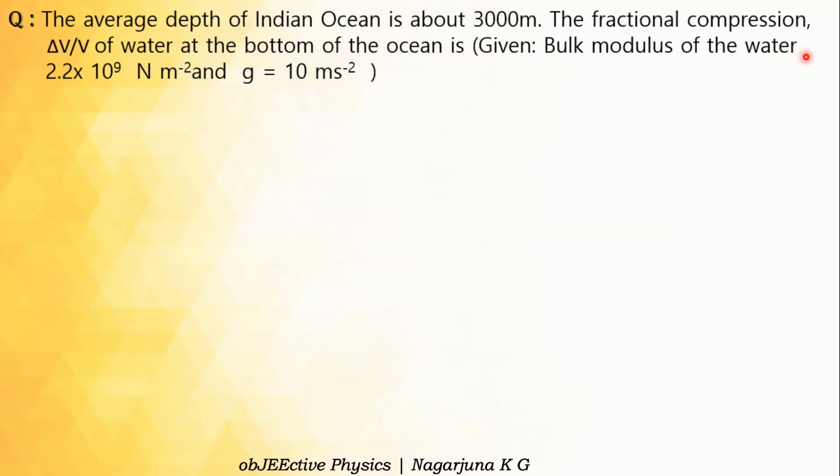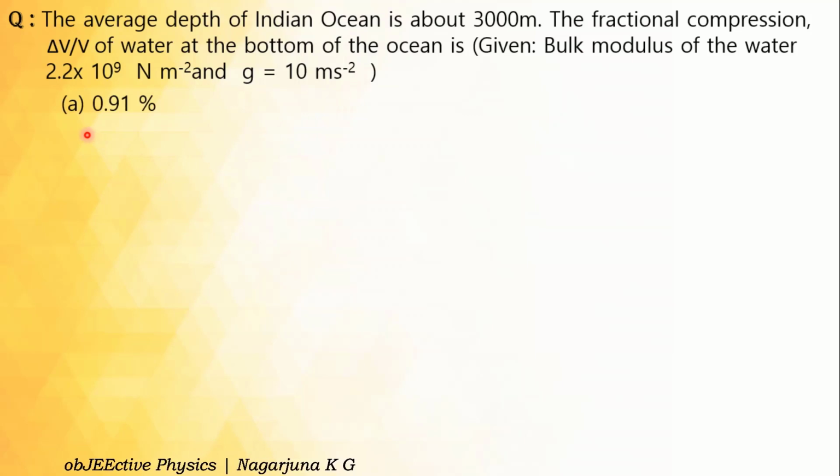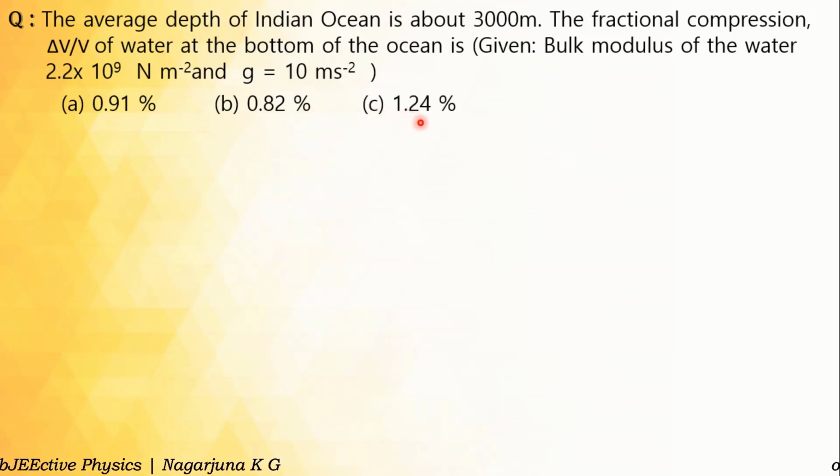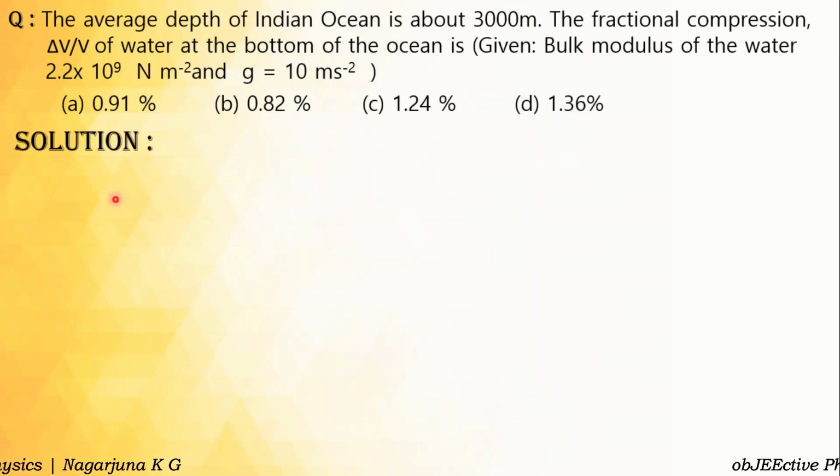Bulk modulus of water is equal to 2.2 into 10 power 9 Newton per meter square, and small g is equal to 10 meter per second square. Option A 0.91%, option B 0.82%, option C 1.24%, option D 1.36%.